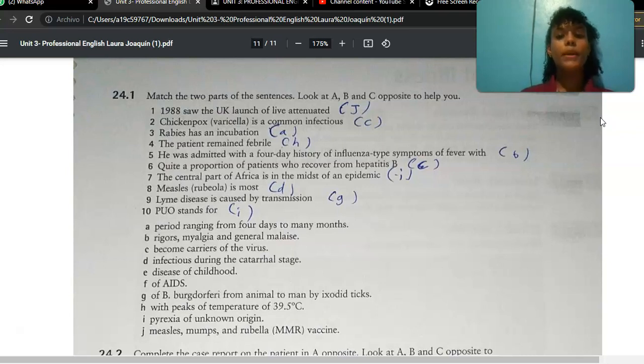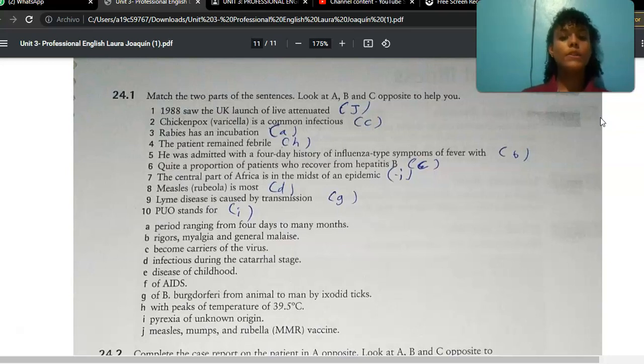The central part of Africa is in the midst of an epidemic. Pyrexia of unknown origin. Measles, rubella is most infectious during the catarrhal stage.